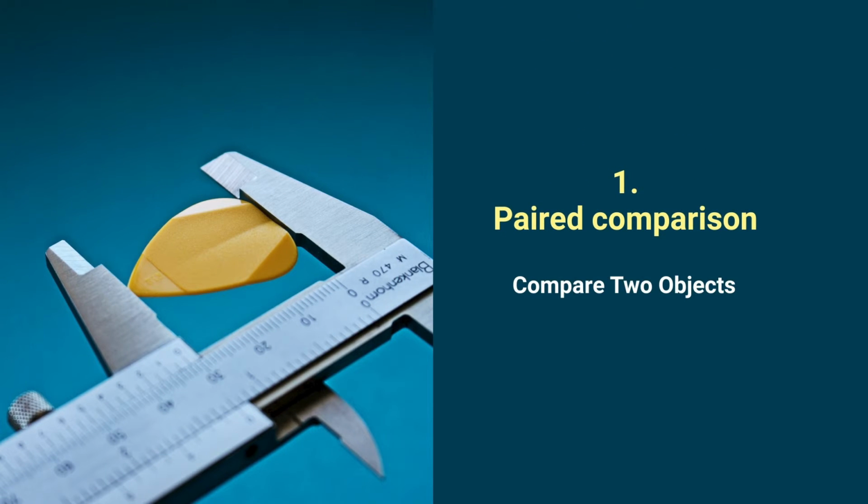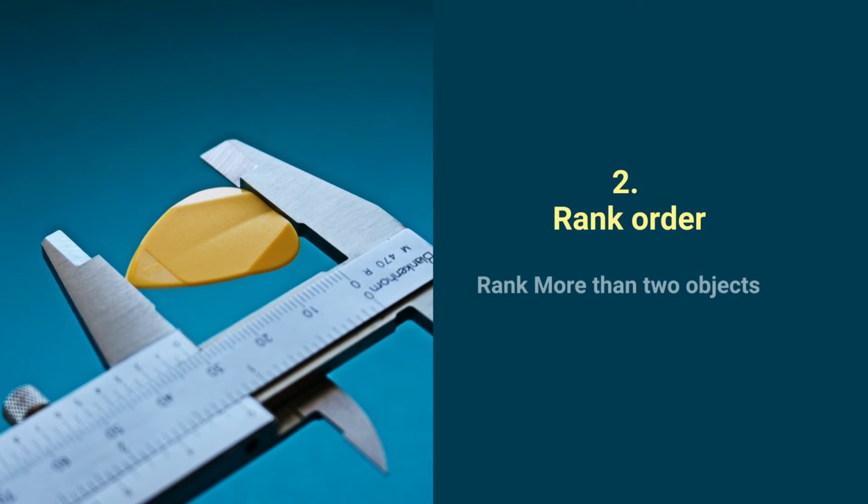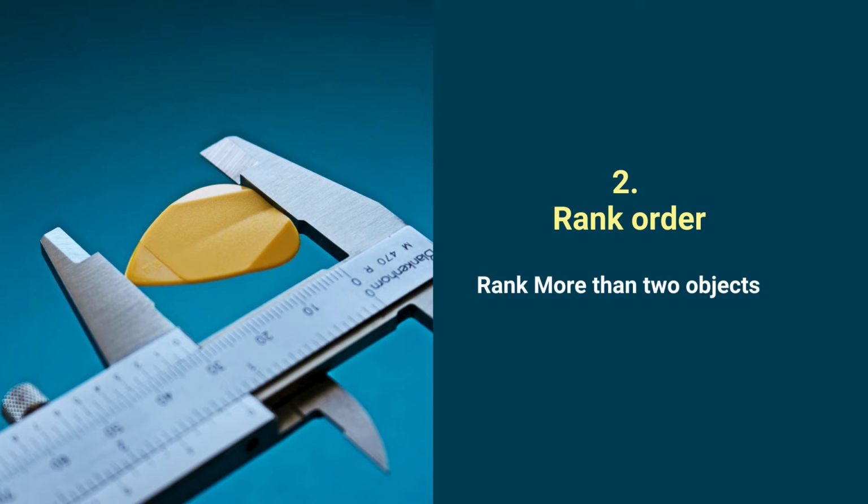When you take two objects and compare them, you are just pairing them. We will take some good examples which will explain paired comparison elaborately. Then you have rank order. Rank order is ranking more than two objects: how you are going to give ratings, how you are going to give ranks, first rank, second rank, third rank and so on.